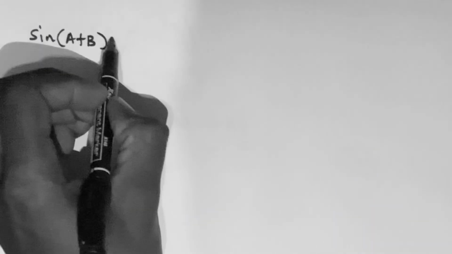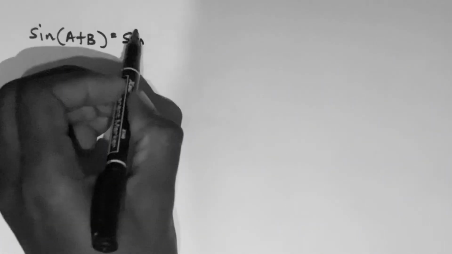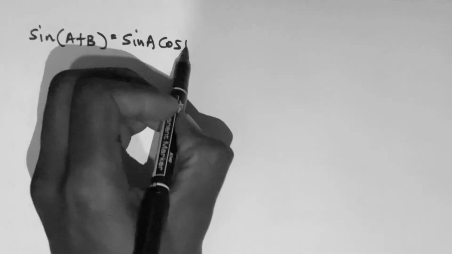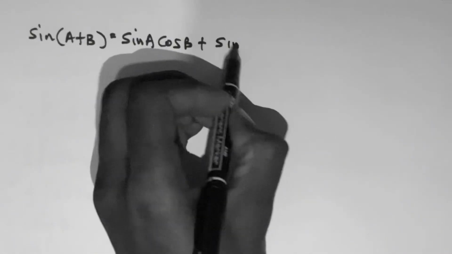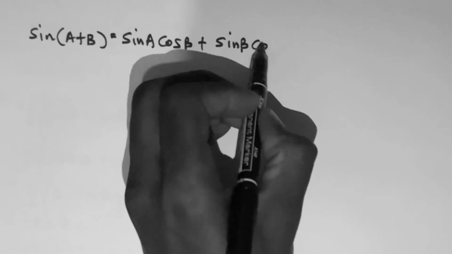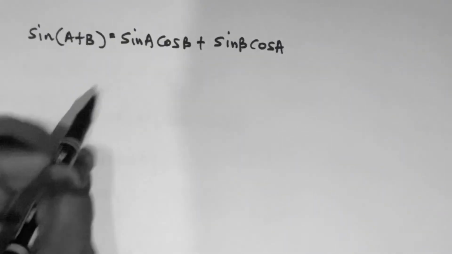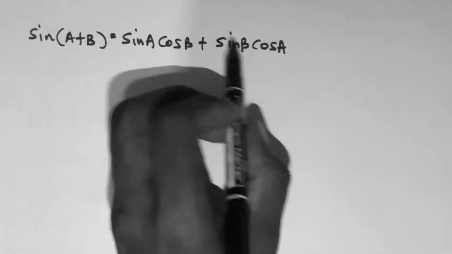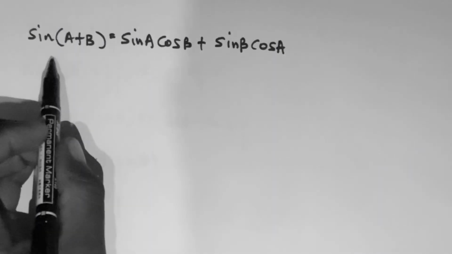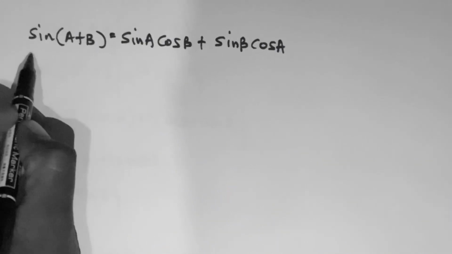From trigonometric functions, we said that sine A plus B is giving us sine A cos B, then plus sine B cos A. So now let's use Osborn's rule to convert this into the hyperbolic sine function.